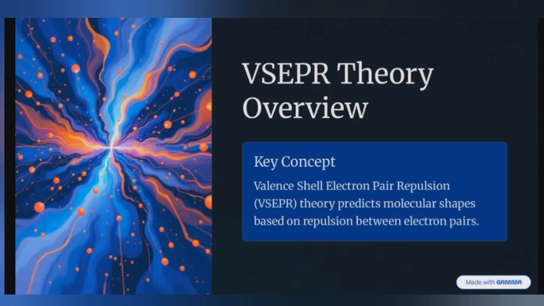So when we come to valence shell electron pair repulsion, the word valence means the outermost shell. Valence shell, that is the outermost shell. Electron pair means the lone pairs, or the non-bonding pairs, or the paired electrons.